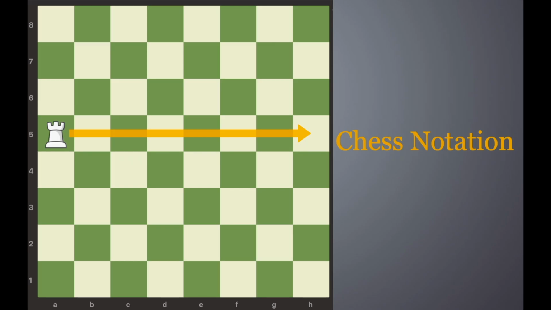A move in chess is identified by combining the piece's initial with its destination square. The rook standing on a5 and moving to h5 is recorded as Rh5. R should be a capital letter and h5 should be small.